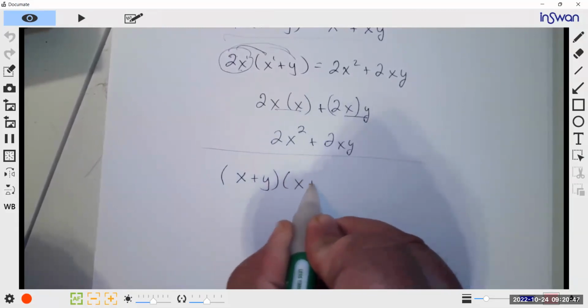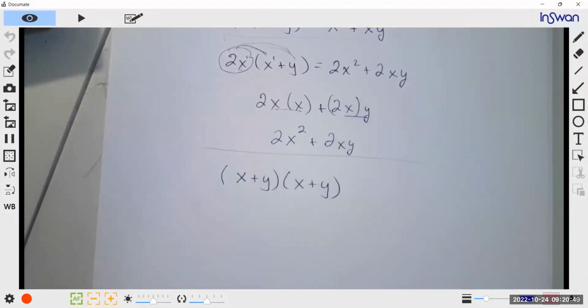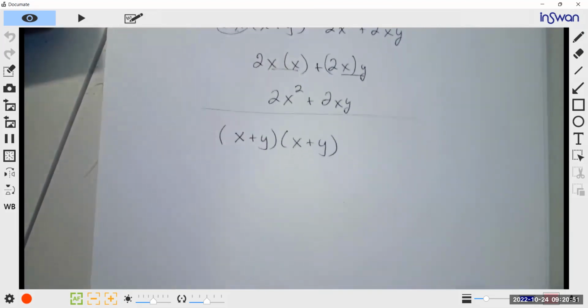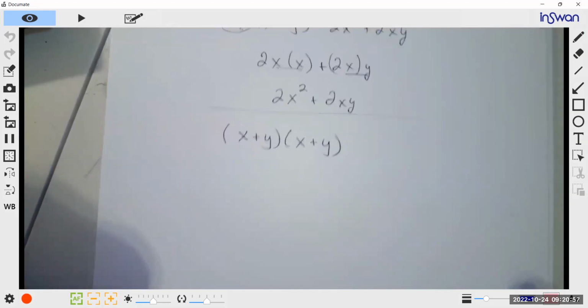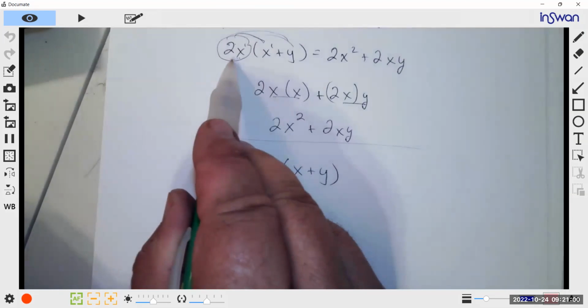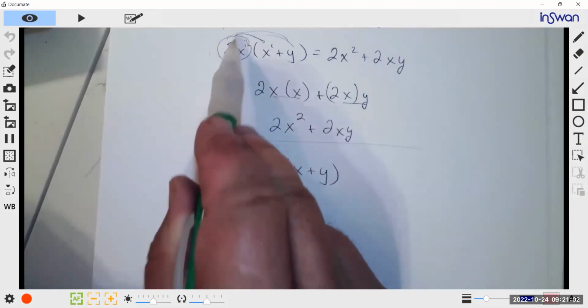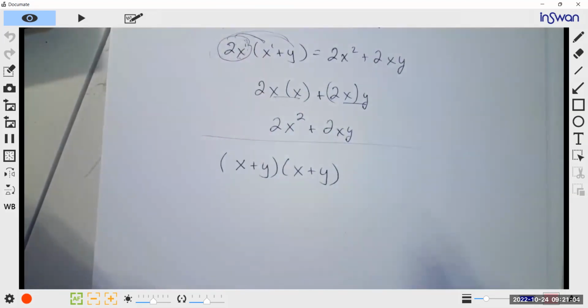What if we had a binomial in front? Remember what we did up here. We had an equation in front. So we take that entire equation and multiply it to each term inside there.